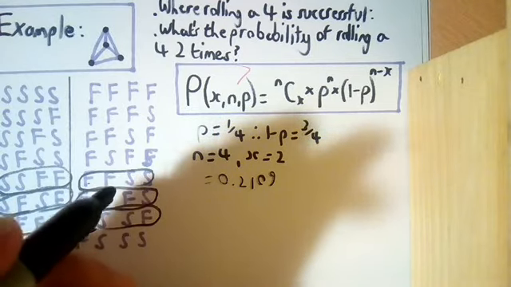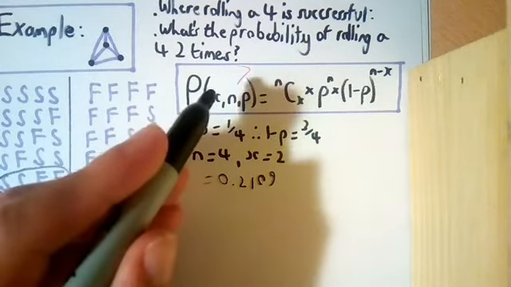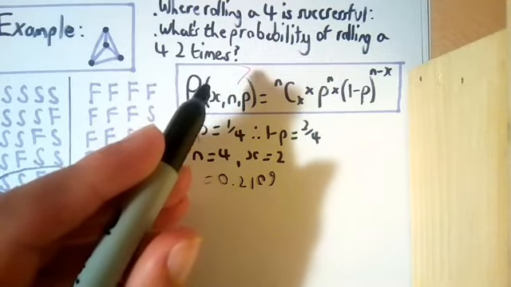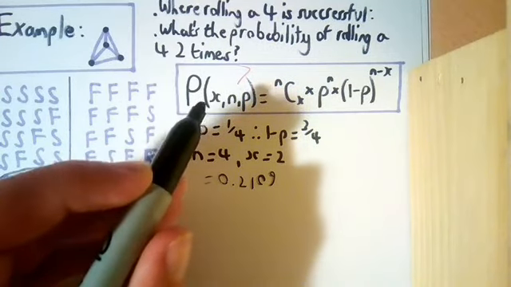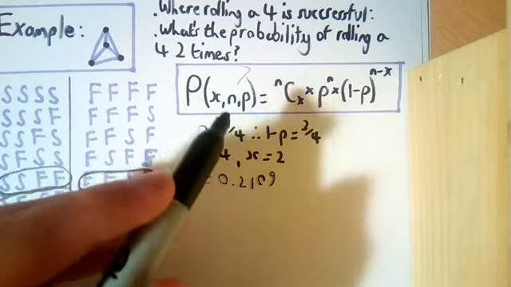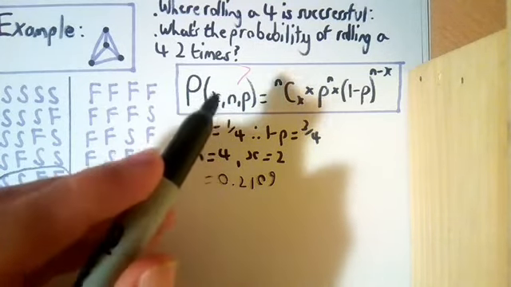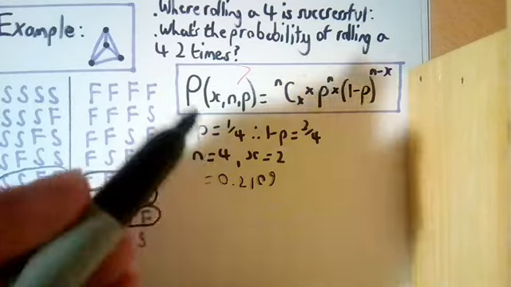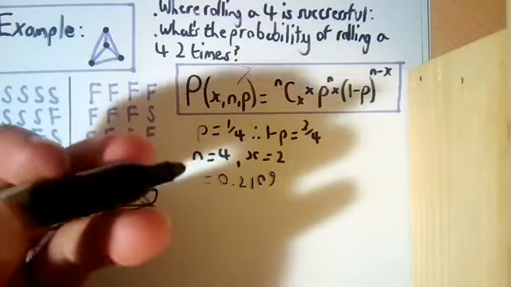You can either work them out individually, where x is 2, 3, or 4, and add them all up, or you could do 1 minus the probability that it happens 0 times or once, because they're the remaining probabilities added together. So it depends on what you want to do there. That's called the cumulative binomial, because you're adding things up.